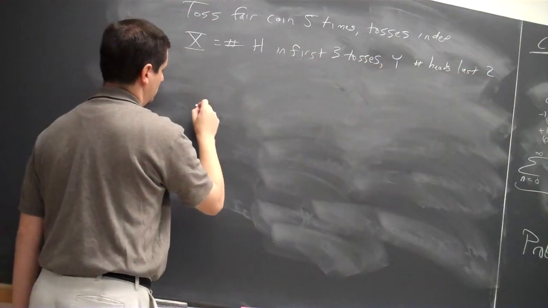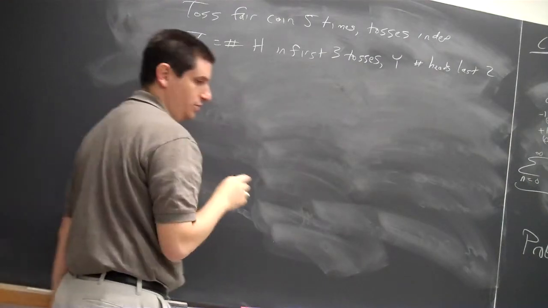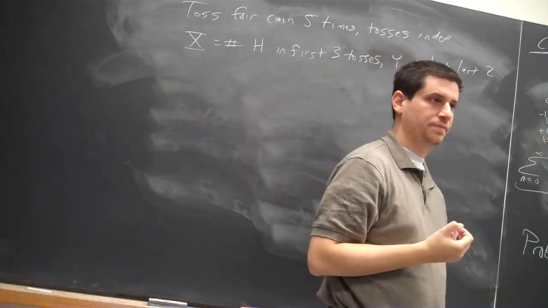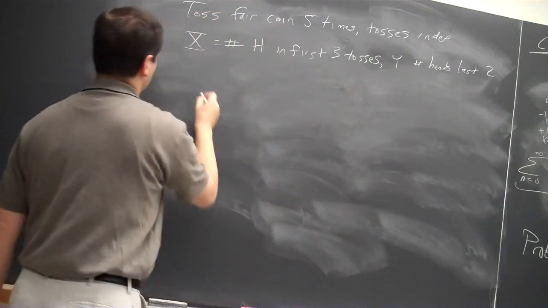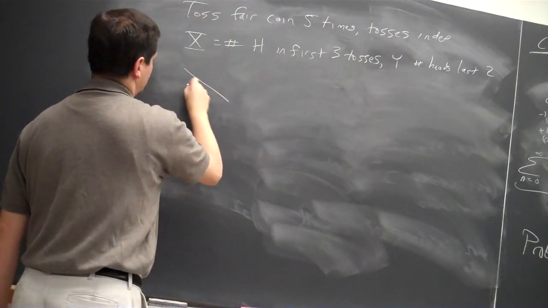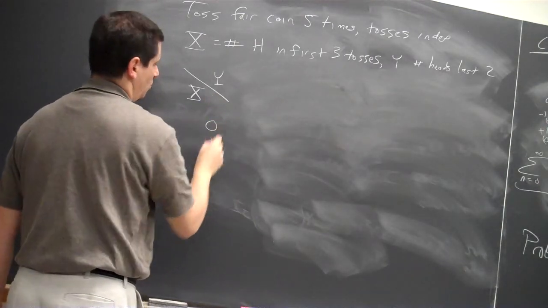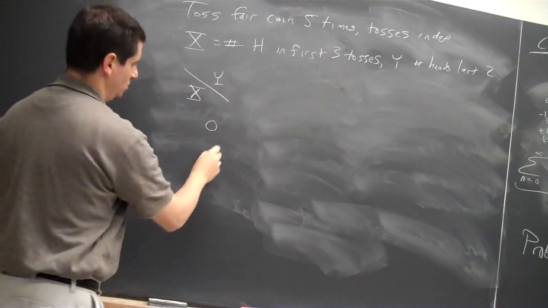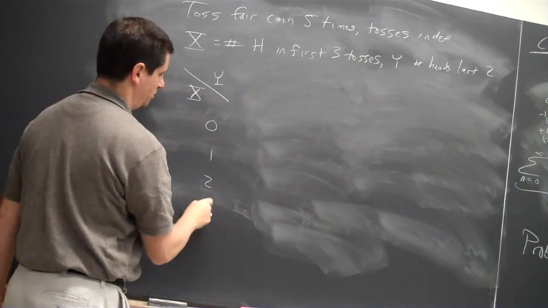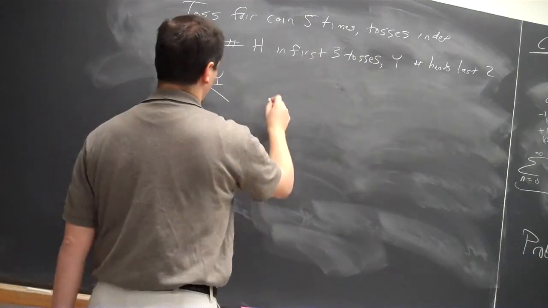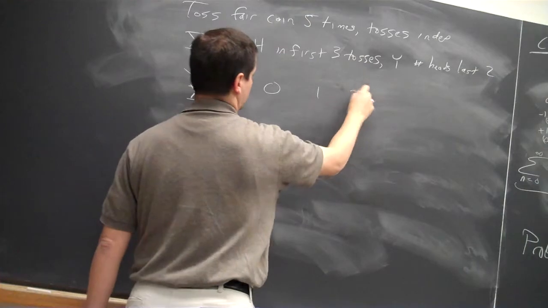What I can do is make a table and record the values. So here's X, here's Y. What are the possible values for X? 0, 1, 2, or 3. The possible values for Y are 0, 1, and 2.